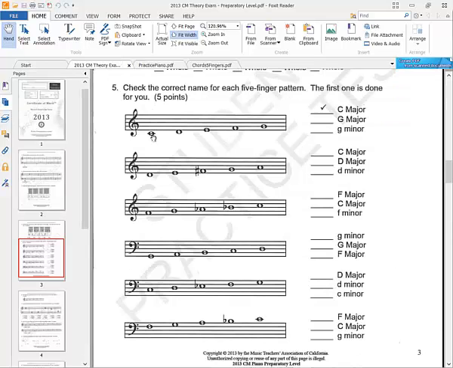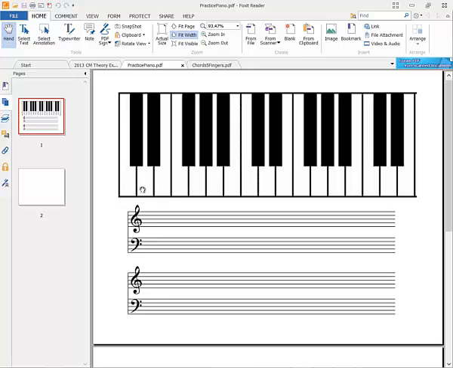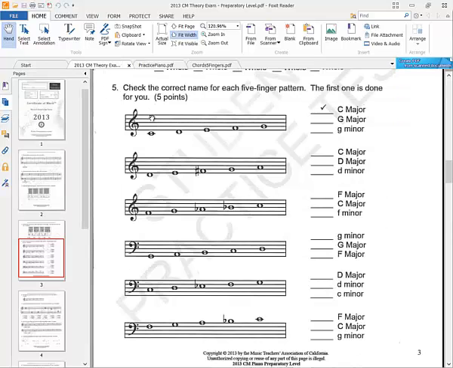So for example, you could put this C major five-finger pattern on this practice piano, and you will hopefully see that this is a C major pattern, just because you practiced your technique so much. But let's say that's not immediately clear and you're kind of confused, and you really want a way to double check. Well, what you could do is figure out the distance between the bottom note and the middle note.